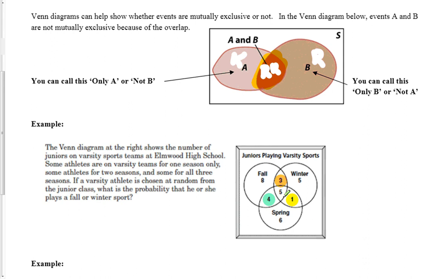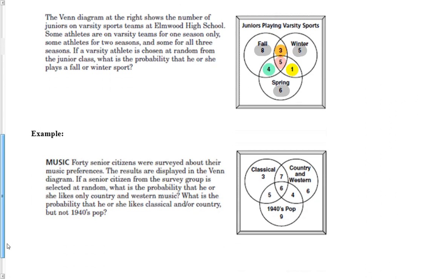And there's this last special group in the middle, these 5 people who do a sport in all 3 seasons. And you'll see that number 5 falls within all 3 circles. And then all the other numbers out here, these people just do sports in one of the seasons. Same thing down here.